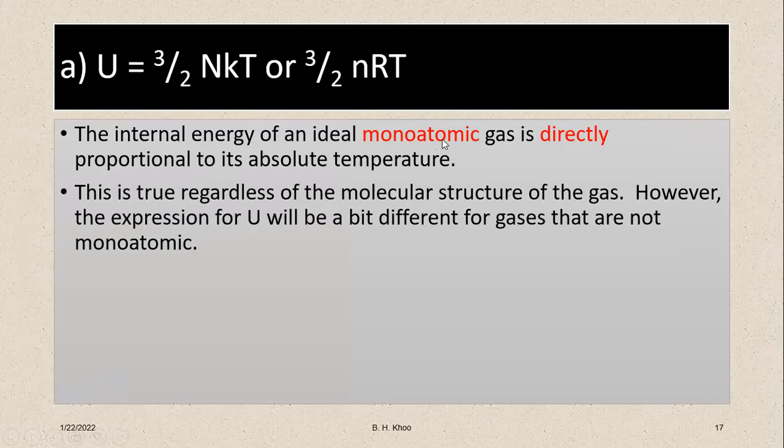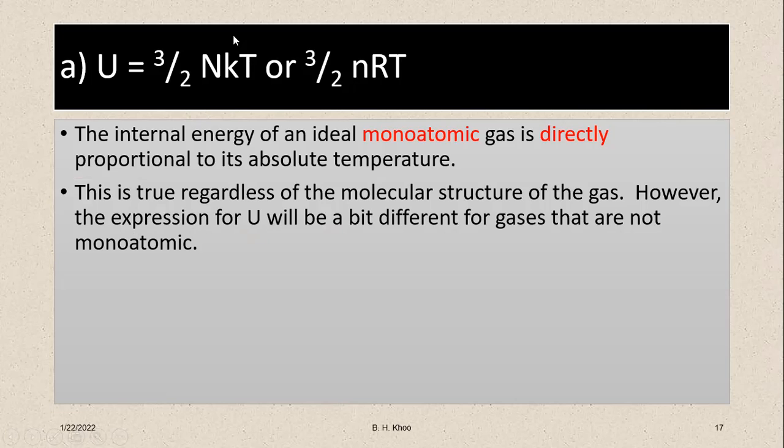Internal energy of an ideal monoatomic gas is directly proportional to absolute temperature. From the formula, this is true regardless of molecular structure of the gas. It doesn't matter whether it's monoatomic or polyatomic. Internal energy is proportional to absolute temperature as long as it is ideal. However, the expression for U will be a bit different for gases that are not monoatomic.